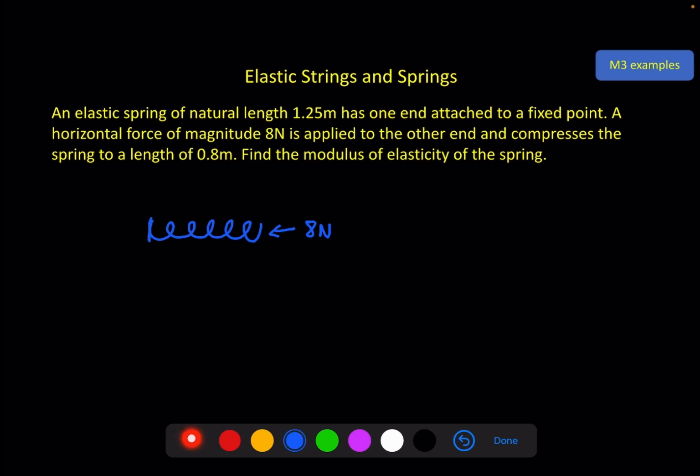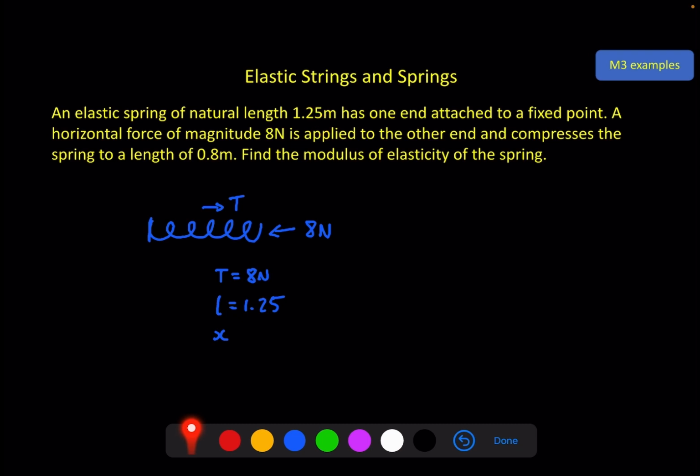So we're considering our forces first. Here in the spring, again, we've got a tension, or because it's being compressed, I could call that a thrust. But either way, I'm going to use a T to represent that. And if it's in equilibrium, then T must equal 8 newtons. Also, we know that the natural length is 1.25, and the extension, the difference between the length it's at now and the natural length, is the difference between 0.8 and 1.25.